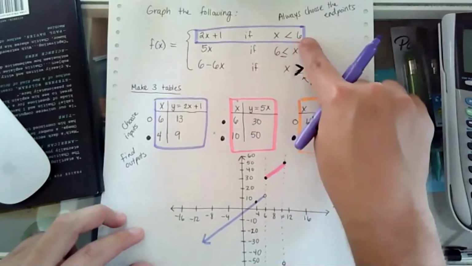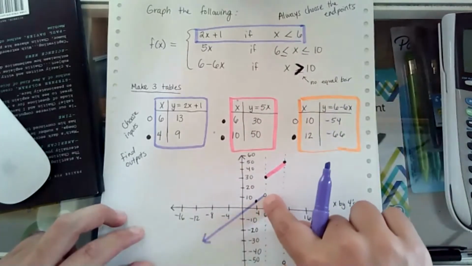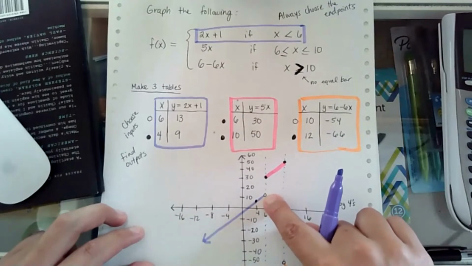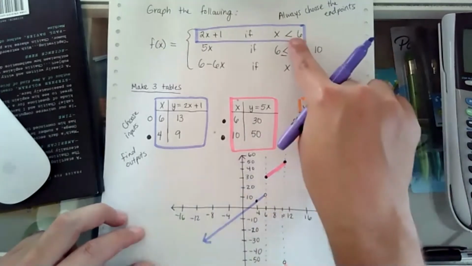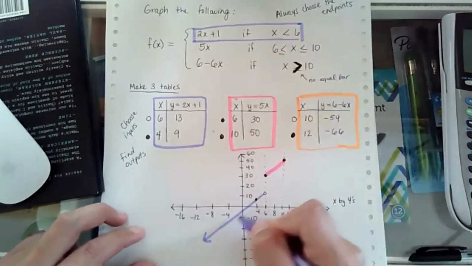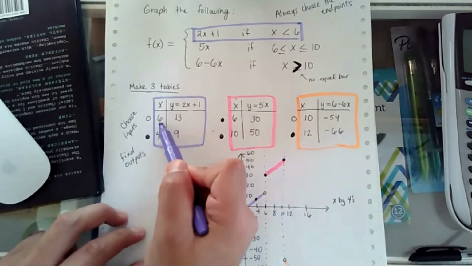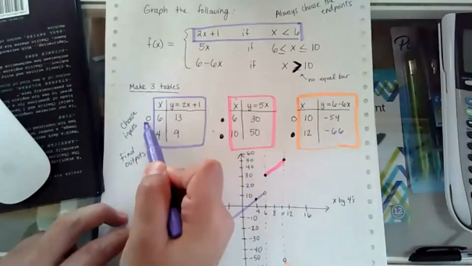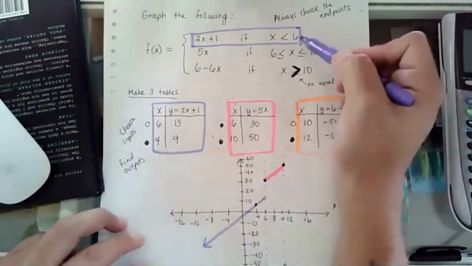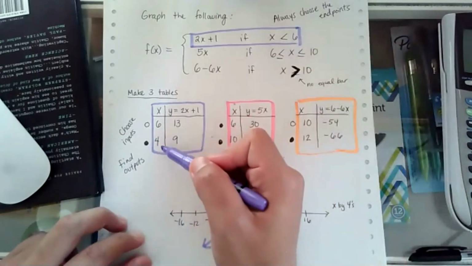I know that 6 is not included technically, but I could choose 5.9 or 5.999, and even though those are very close to 6, they're still technically less than 6. So I want to see what happens as we approach 6. That's why I'm choosing 6 here. I just have to be mindful about using an open circle since I know 6 is not included. But you'll choose whatever number this is here, and then anything lower.